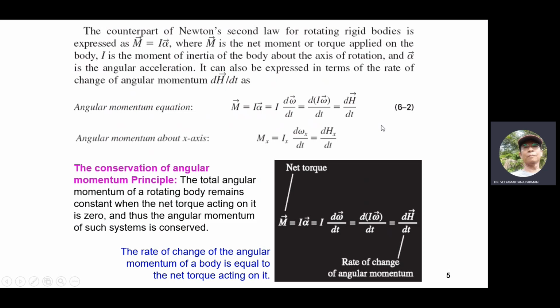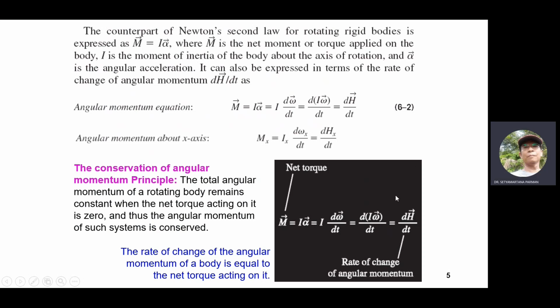So the conservation of angular momentum principle: the total angular momentum of a rotating body remains constant when the net torque acting on it is zero. And thus, the angular momentum of such a system is conserved.